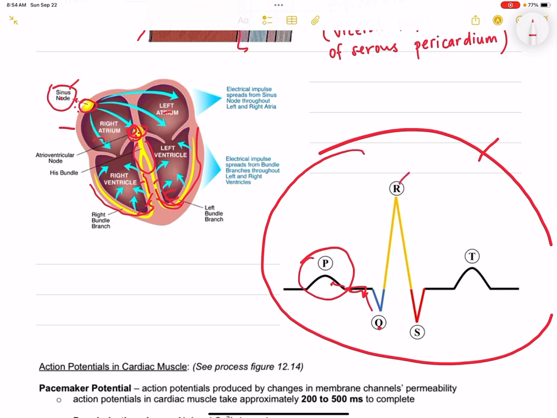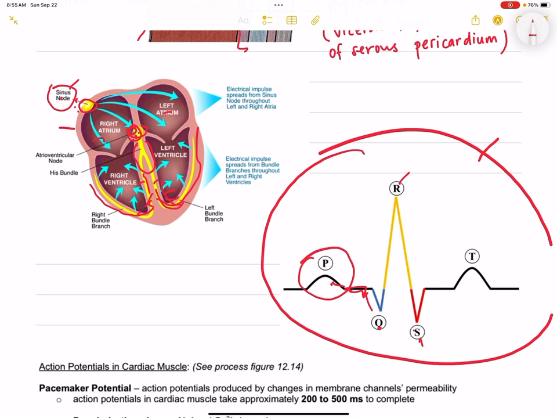Ang R naman is produced by depolarization of the main mass of ventricles. And ang S wave represents the last phase of ventricular depolarization at the base of the heart. Okay, so atrial repolarization occurs during this time, but the signal is obscured by the large QRS complex.